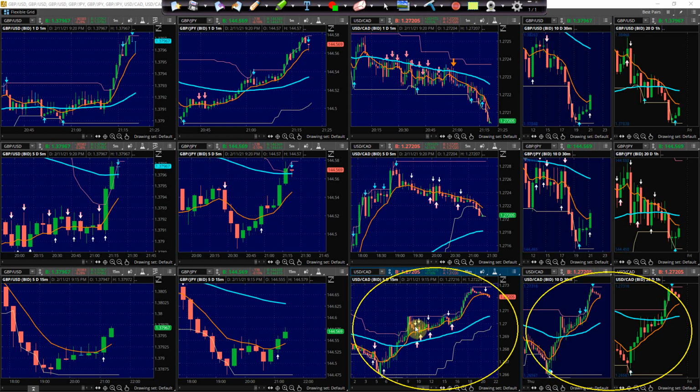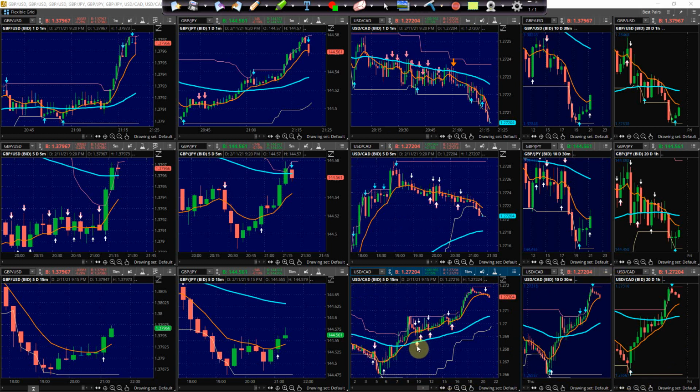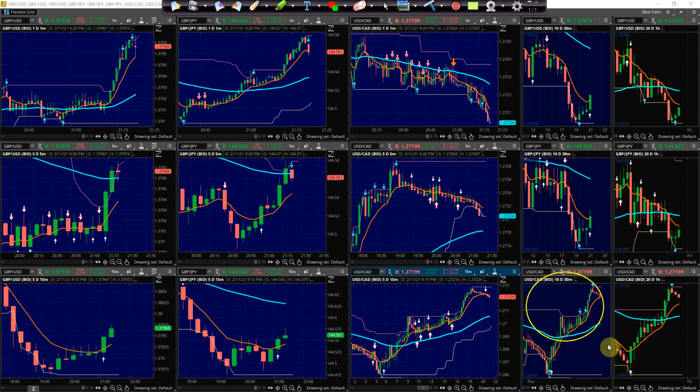We're going to be ignoring every single white, pink, or super arrow to the downside. We're only looking for the buys, in the same direction as the longer term bias. So first you have your bias, and then you go to the 15-minute chart and you're looking for a brand new 15-minute arrow up in the same direction as your bias.